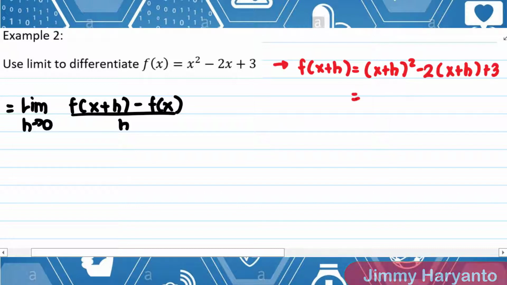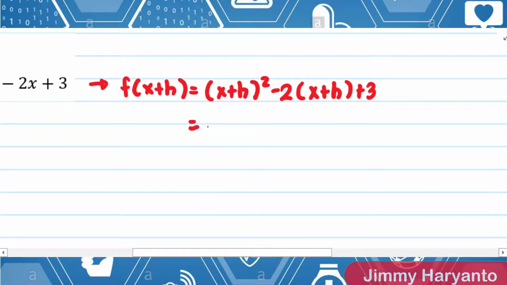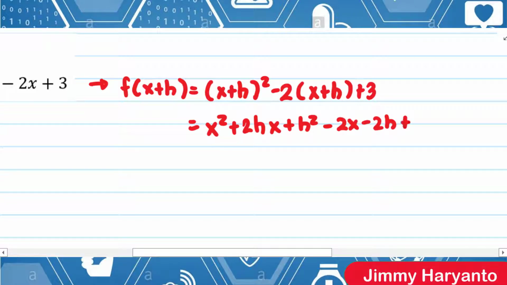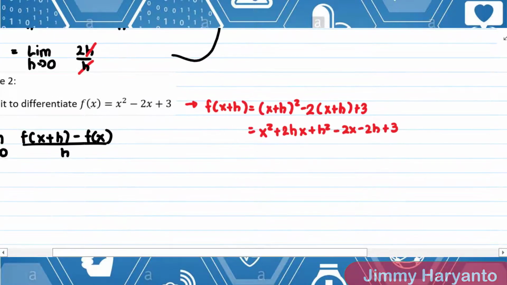Yeah. So when I expand this, we will have x squared plus 2hx plus h squared minus 2x minus 2h and 3. And therefore, we will get x squared. Then, cannot do anything with the final, so that is the final result.